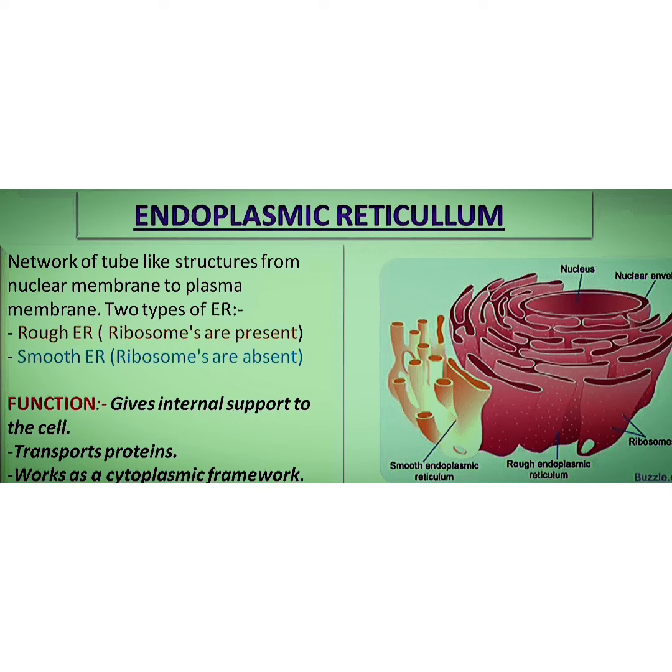There are two types: rough endoplasmic reticulum, on which ribosomes are present, and smooth endoplasmic reticulum, on which ribosomes are absent. Its functions are that it gives internal support to the cell, transports proteins, and works as a cytoplasmic framework. It also helps in detoxification and membrane biogenesis.